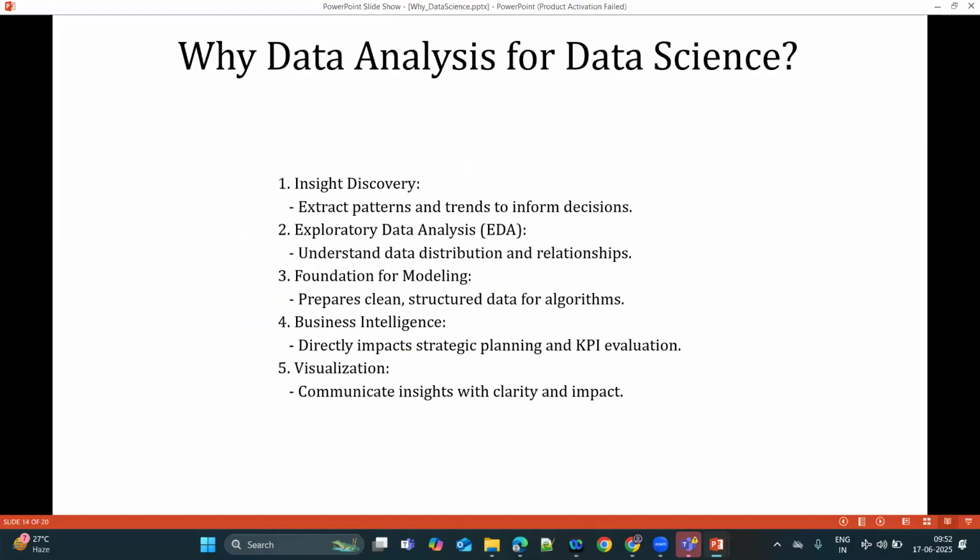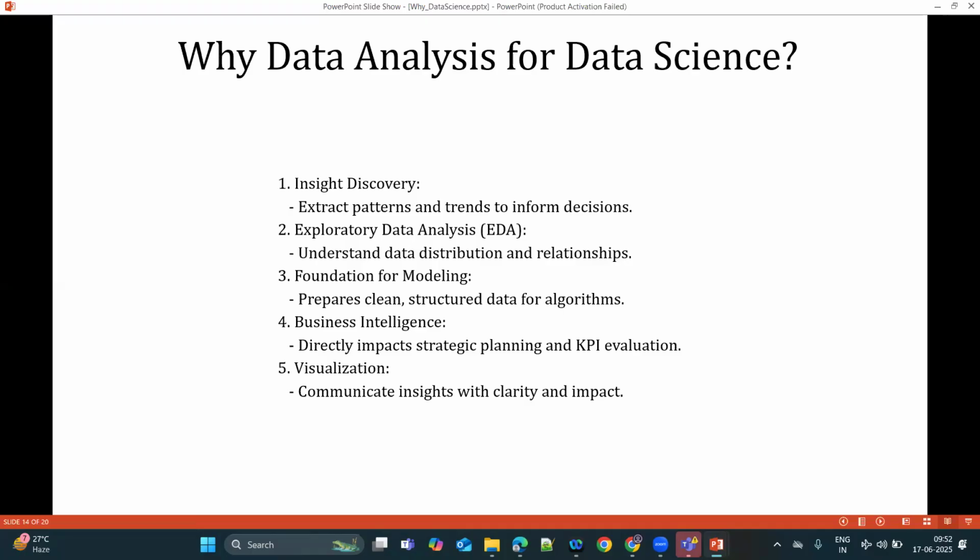When it comes to data analysis, why do we need to have knowledge of data analysis for data science? If you remember the point that Ganesh told, in order to get the insights from the data, we'll be doing data manipulation, data wrangling, and exploratory data analysis.